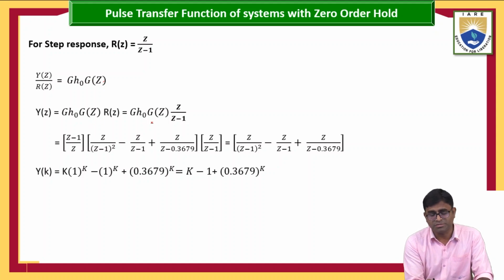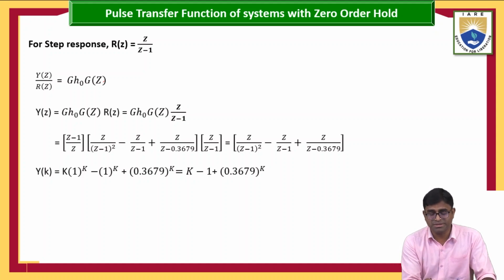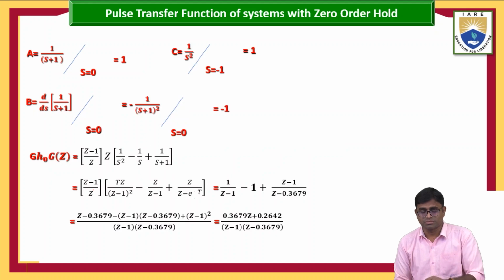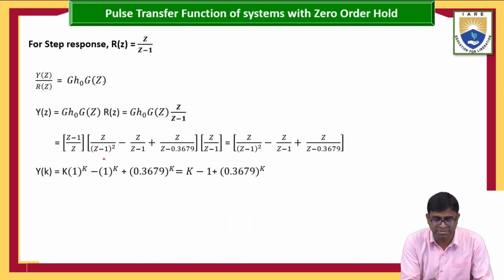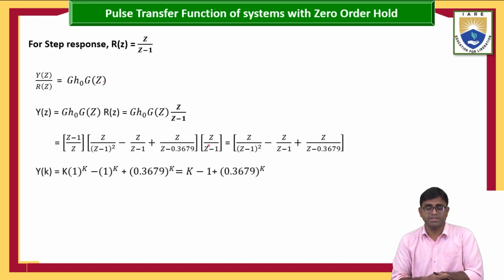After that, substitute the r of z value, z by z minus 1, multiplied with the previous solution. So we get z by z minus 1 whole square into the function, that is, z by z minus 1 plus z by z minus 0.3679. This is G of H and this is the input R.